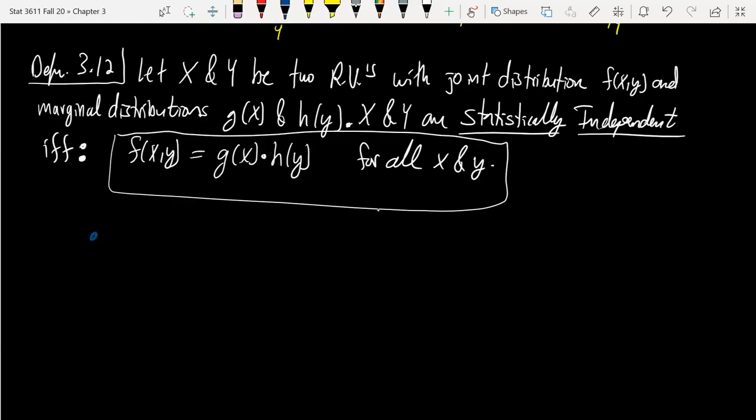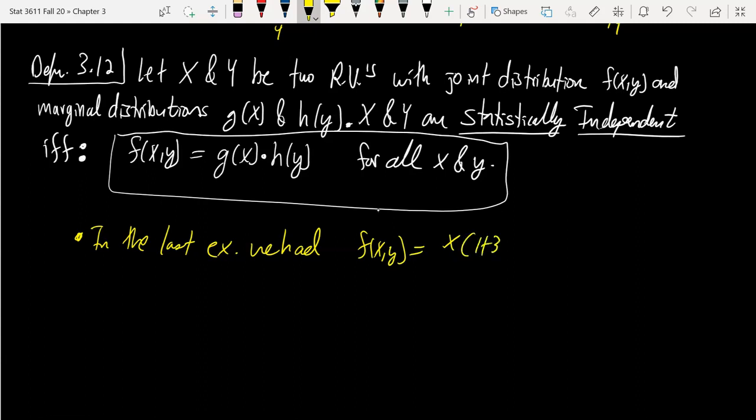Now, in the last example, we had f of x comma y equals x times 1 plus 3y squared over 4, right? And we had g of x, we found the marginal to be x over 2, and we found h of y to be 1 plus 3y squared over 2, I believe, right?